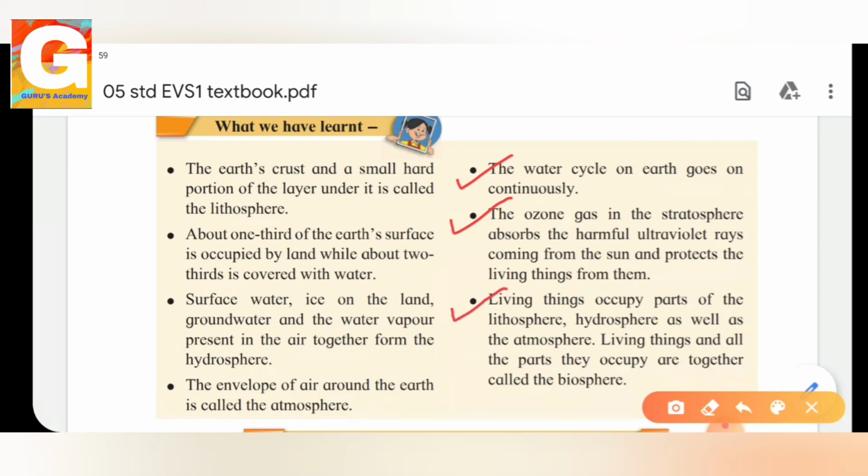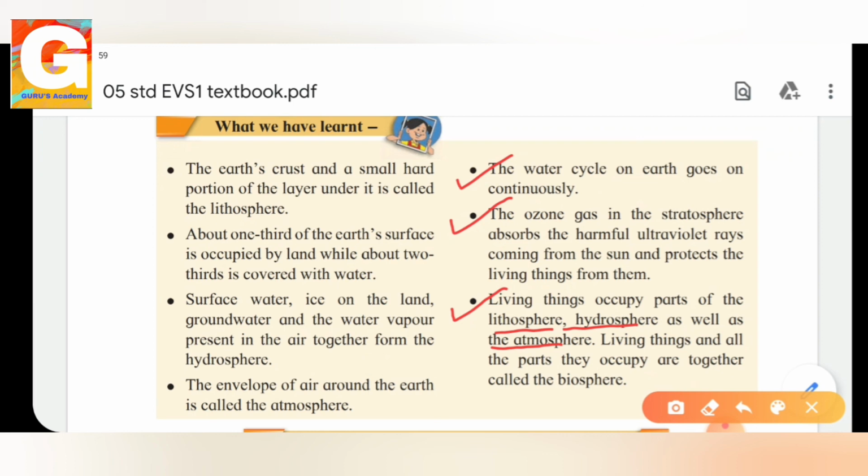Then living things occupy part of the lithosphere, hydrosphere as well as atmosphere. Yes, all the living things on earth occupy parts, that is, they live on the lithosphere, the land, the hydrosphere, the water, as well as the atmosphere, in the air.